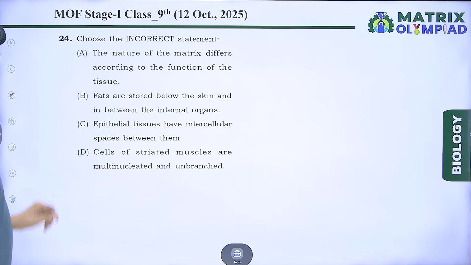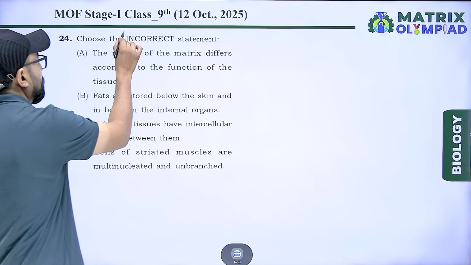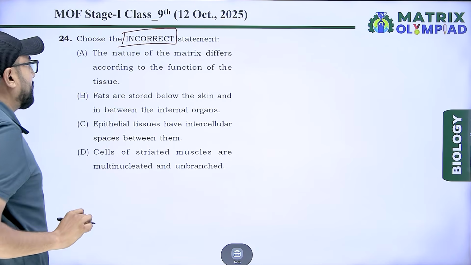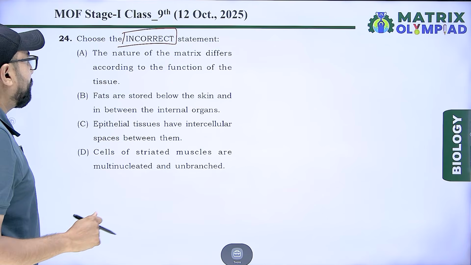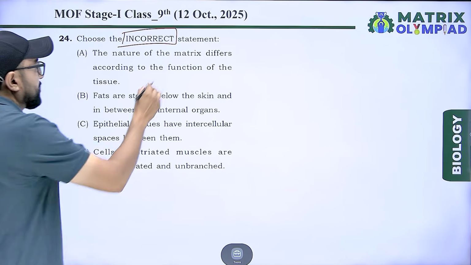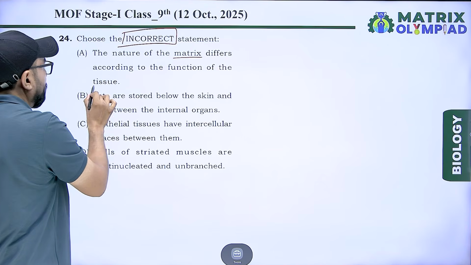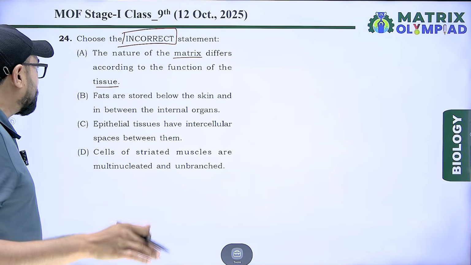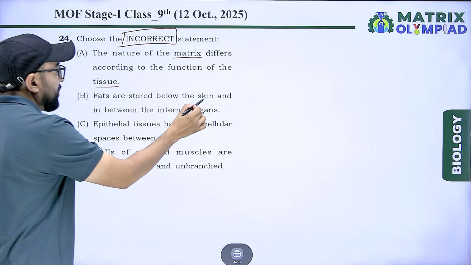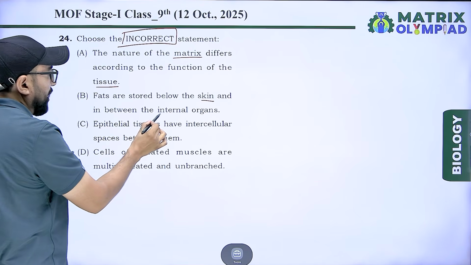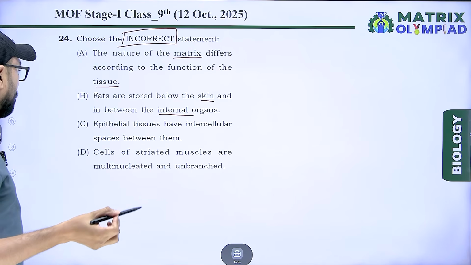Next, choose the incorrect statement. The nature of the matrix differs according to the function of tissue. Fats are stored below the skin and in between the internal organs.